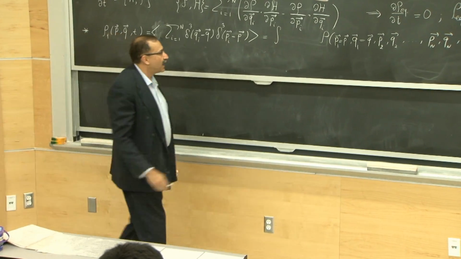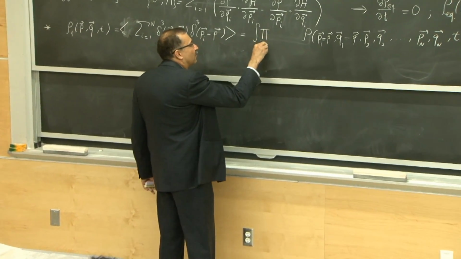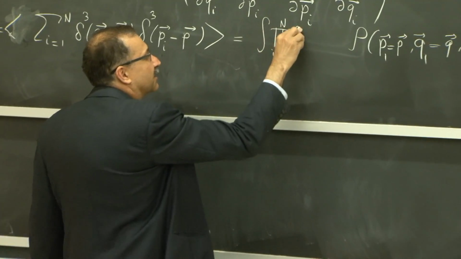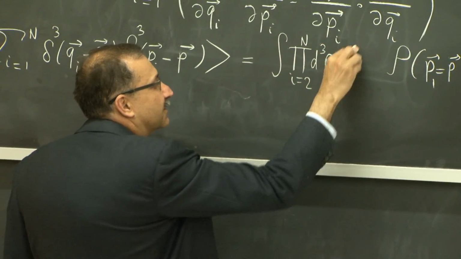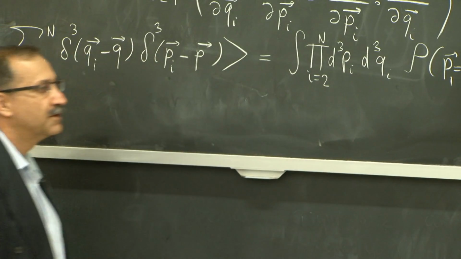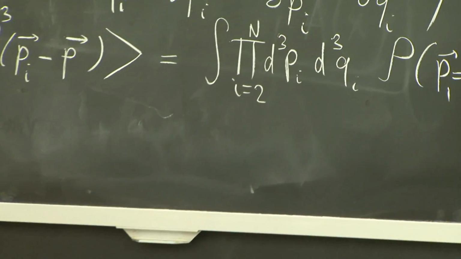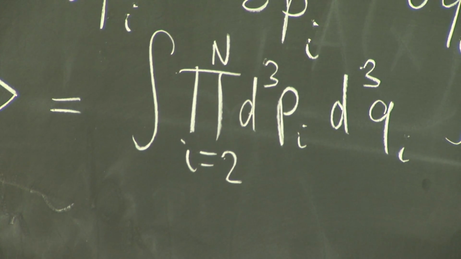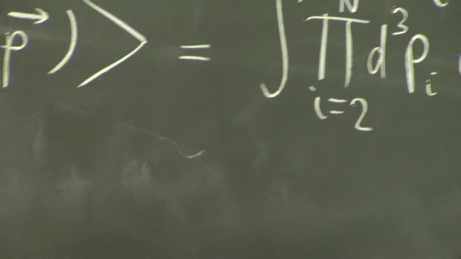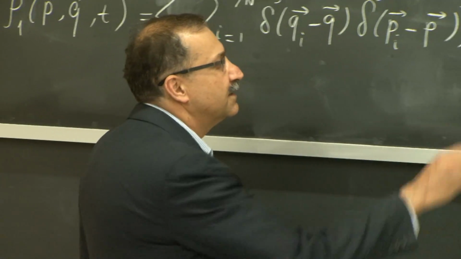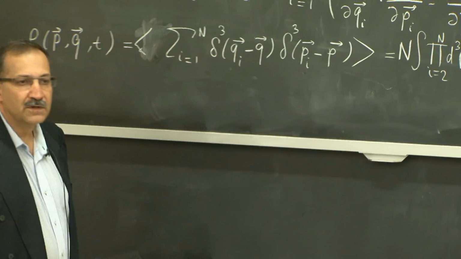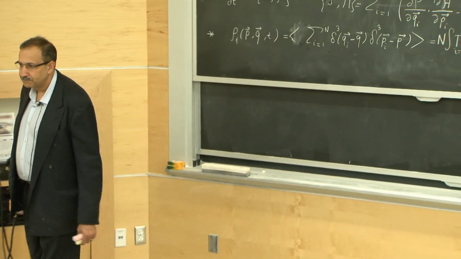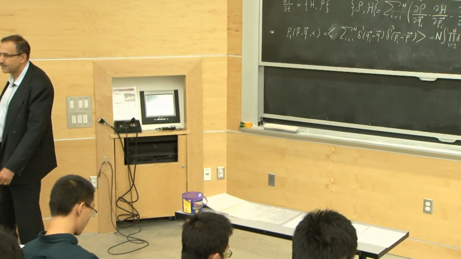But then I'm left to do the integration over particle 2, particle 3, particle 4, and so forth. But this is only the first term in the sum. Then I have to write the sum for particle number 2, particle number 3, etc. But all of the particles, as far as I'm concerned, are behaving the same way. So I just need to multiply this by a factor of n.